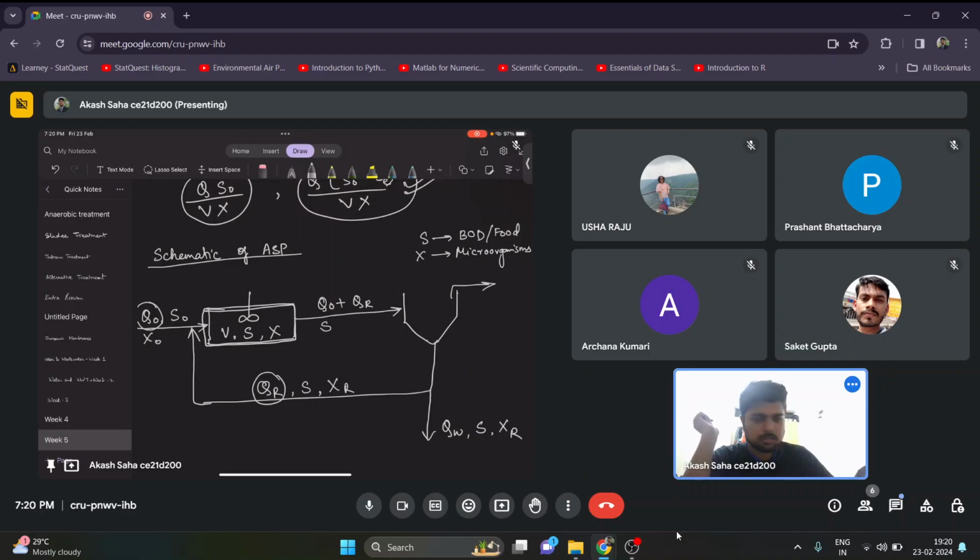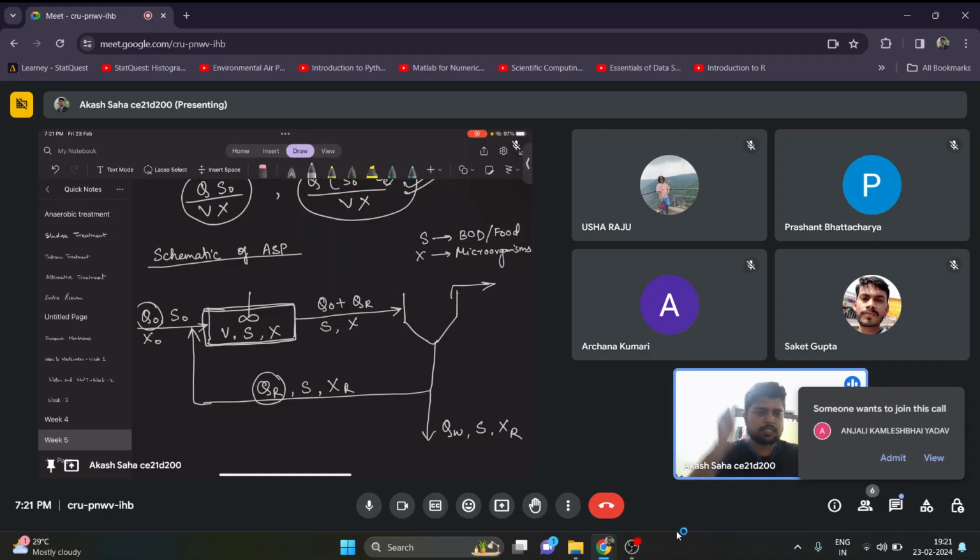Again, the BOD will remain as S, and the microorganisms will be X. So these two will remain because, as we have seen in any CSTR, whatever is the concentration inside the tank, the same concentration will be in the effluent coming out from the tank. So that's why S and X will remain the same here.